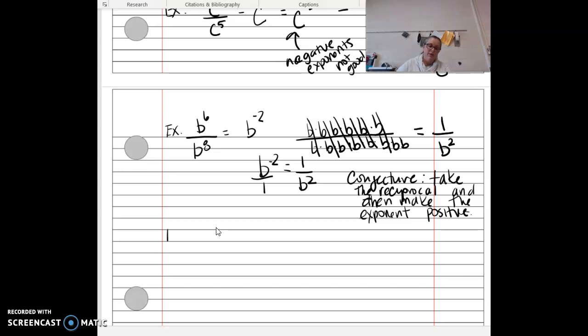All right, so for example, if I give you a to the negative first power, we could write this as the fraction 1 over a to the positive 1 power. If I give you x to the negative fifth, it's really 1 over x to the positive fifth.